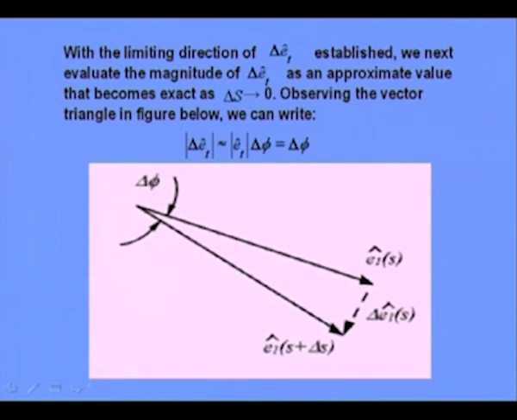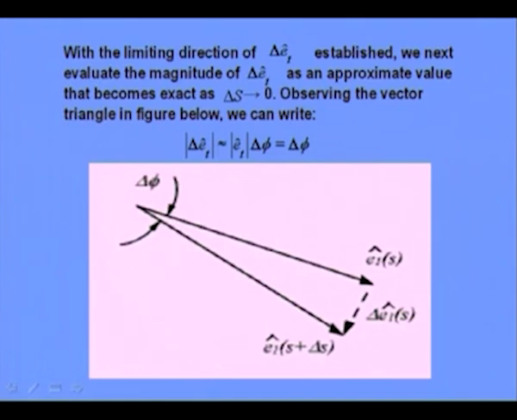We observe the vector triangle in the figure. In this we can write delta ET is approximately equal to the magnitude of ET times delta phi. The magnitude of ET is 1 because it is a unit vector. So, this becomes equal to delta phi.